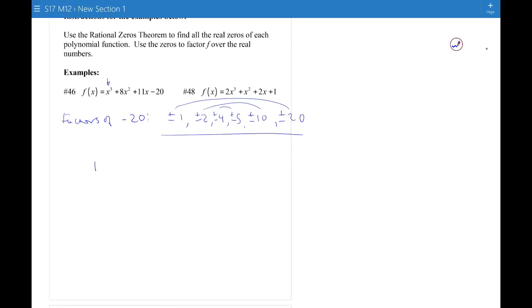So what we're going to do is synthetic division. Here are the coefficients of my function, and I'm going to try 1 first. I should do this systematically. 1, 9, 20, 20, 0. Voila! Maybe I picked it because of that.